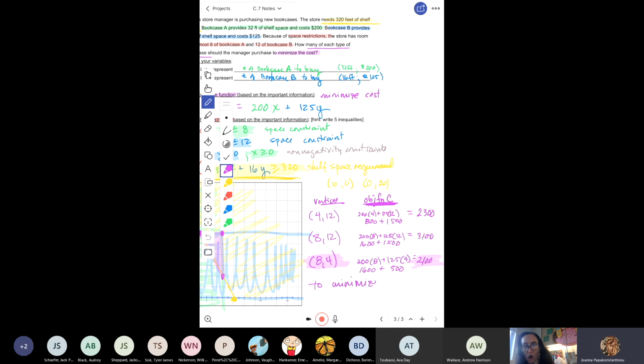To minimize cost, the manager should buy 8 of bookcase A and 4 of bookcase B. And the cost would be $2,100.